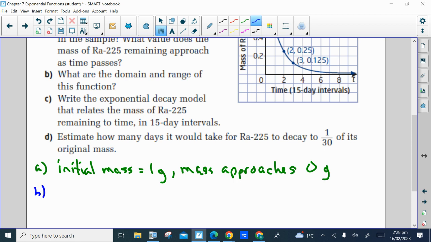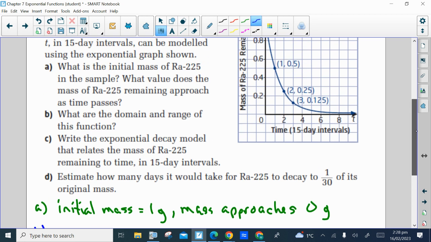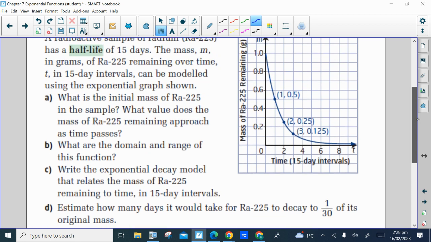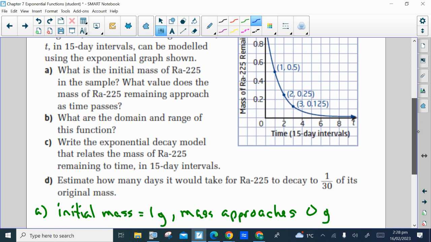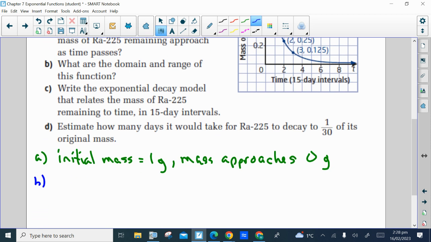The domain and range of this function, because we're talking about an example that deals with a real substance, the domain would go from time 0 up to time infinity. Again, technically, it'll go on forever, always taking half of what there was.